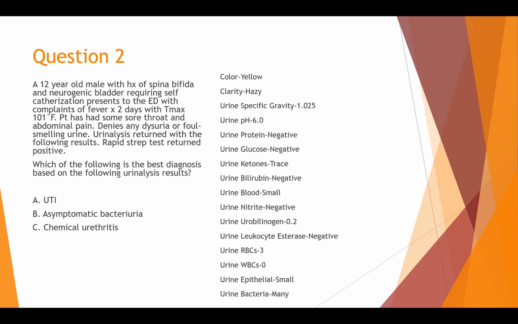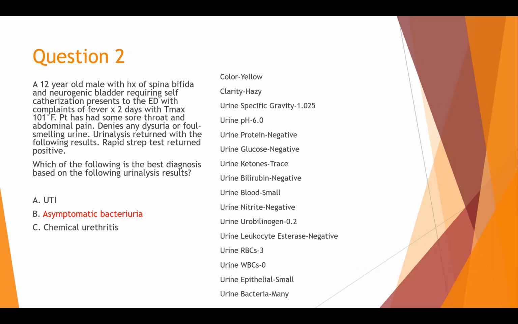So it looks like you've got a concentrated urine, 1025, trace ketones, small blood but 3 red blood cells, negative nitrite, negative LE, no whites, many bacteria. B. All right, so asymptomatic bacteriuria, which can be common in these types of kids.